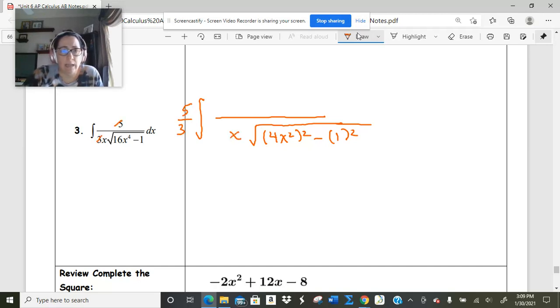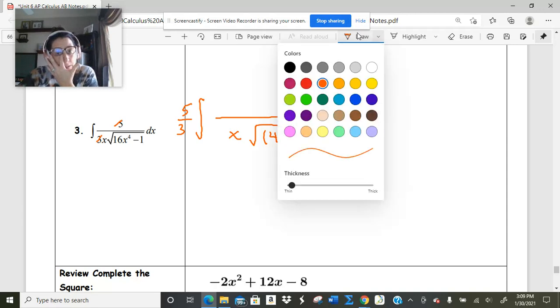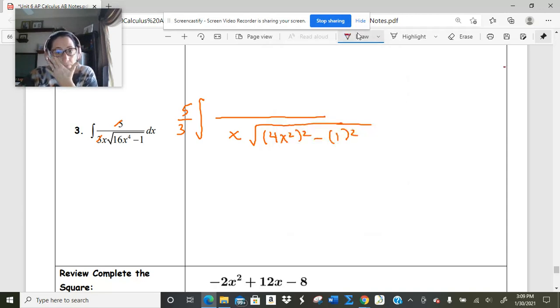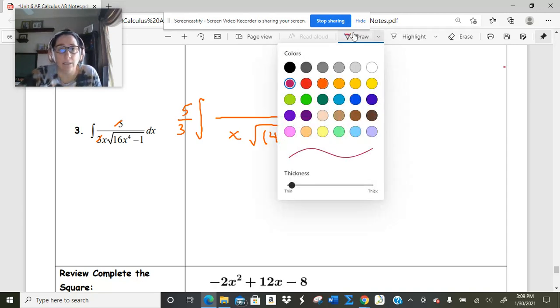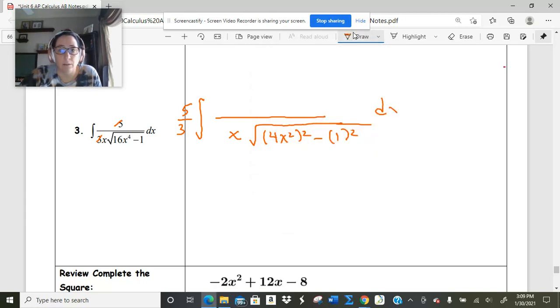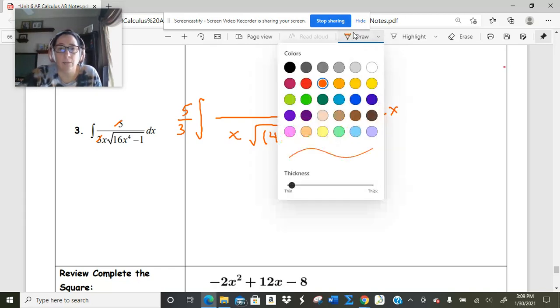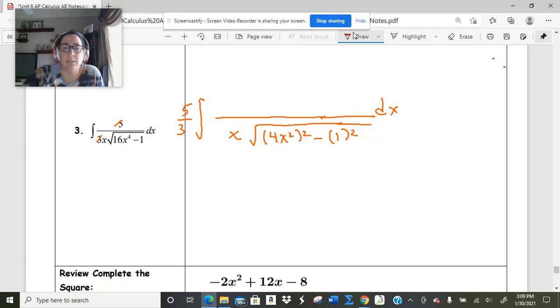And then I still had the x. So this is where I started. Oops, and I still had the dx. I guess I should have put that. This is kind of where I'm starting. Now I need to say, what do I need to manipulate? So if this is my u, the derivative of this is 8x dx. So I need to make sure I have an 8 here, which means I also have to have a 1/8.